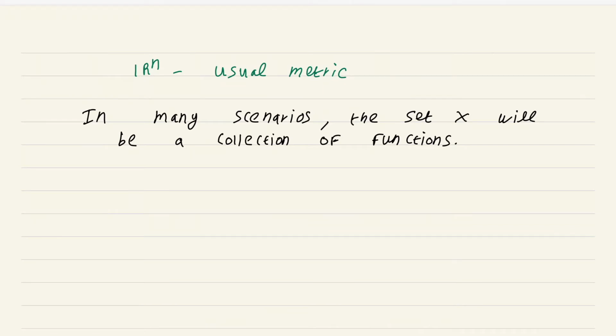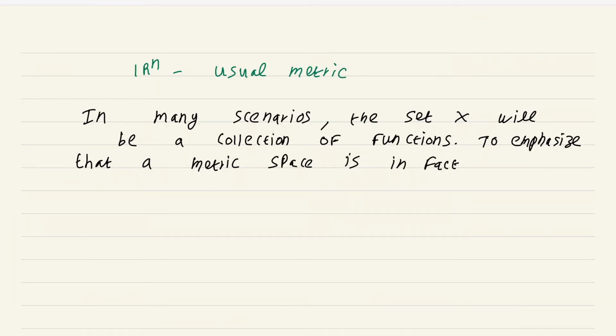So to emphasize that a metric space is in fact some sort of space, what we will do is we will call elements of X as points.